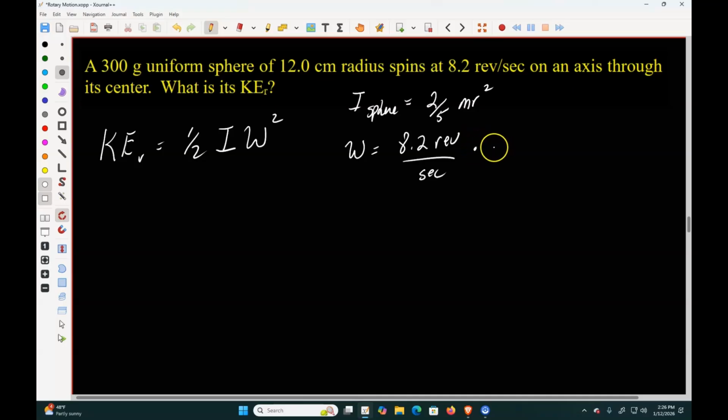So I'm going to multiply this times 2 pi radians per 1 revolution. So that's going to give me 51.5 radians per second.